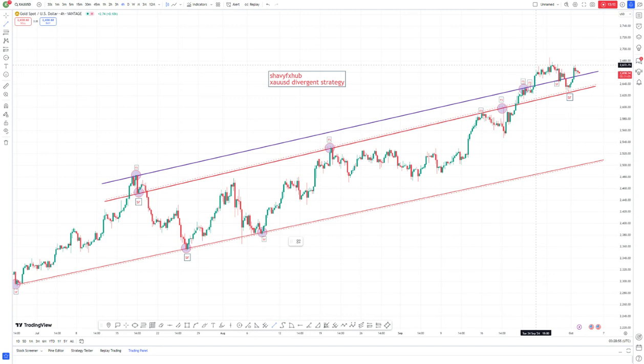We also have a break of structure from the upside. On 4 hours, you will find a beautiful break of structure from the upside.